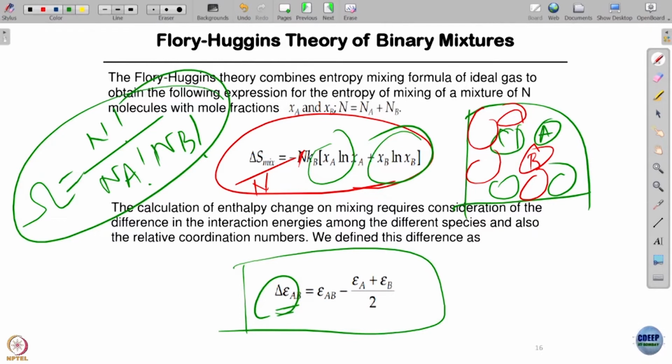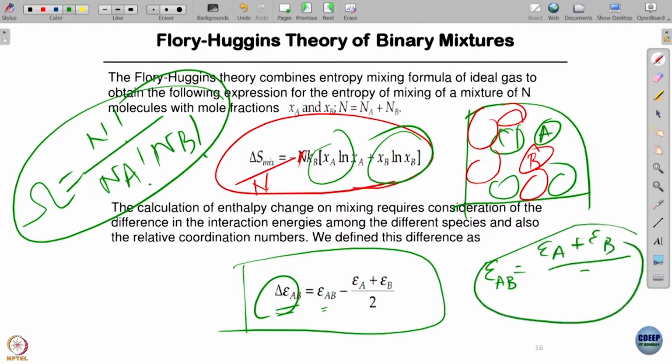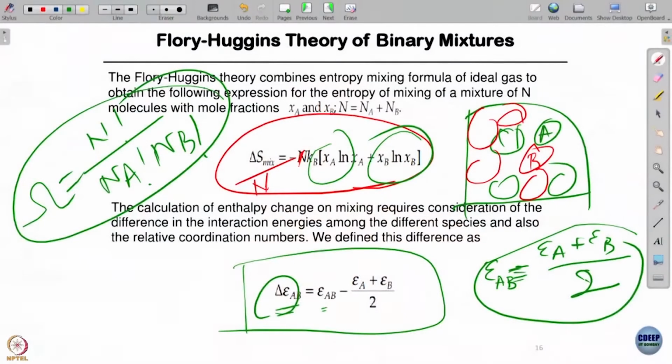Now if epsilon AB is epsilon AA plus epsilon BB by 2, what is this called? Shubham, what is this called? This is the Berthelot rule. There is one more called the geometric rule. So, if A and B interaction is just the average of the two, then you get the ideal solution, then you get Raoult's law.